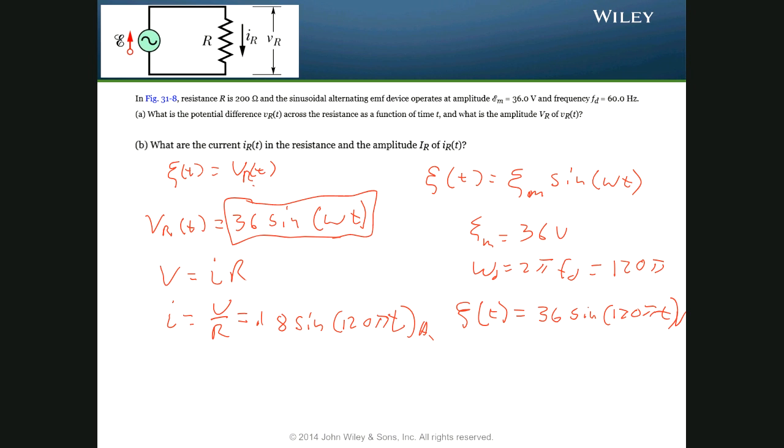So you can also do this and ask the same questions for the capacitive circuit and the inductive circuit, and it's pretty easy stuff. So you want to be able to look that up and do it.